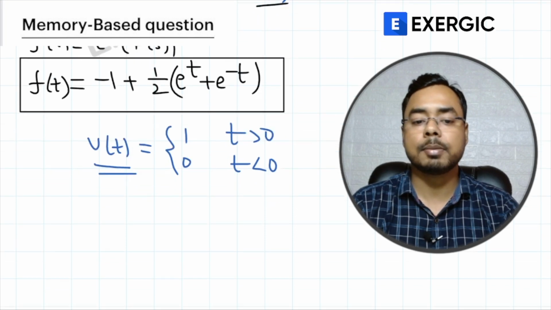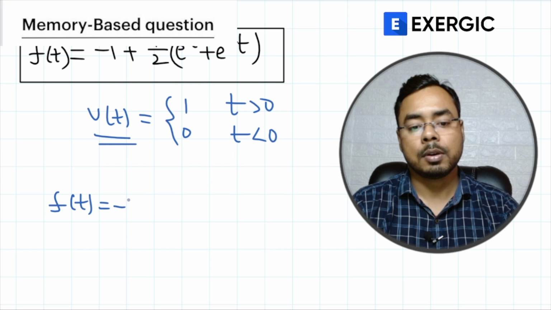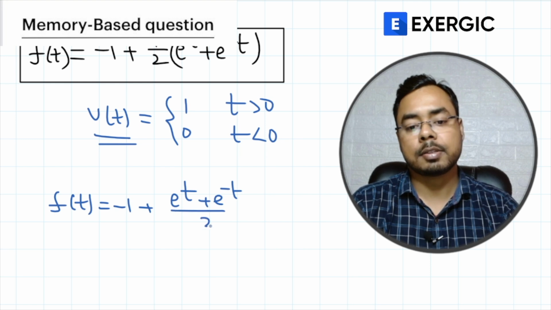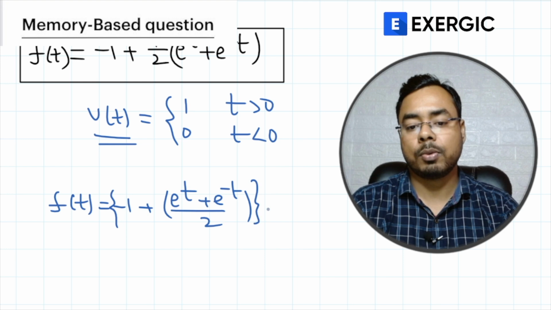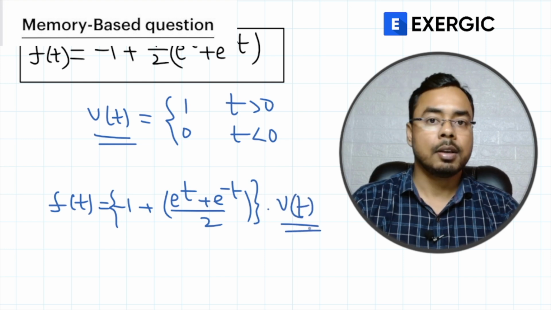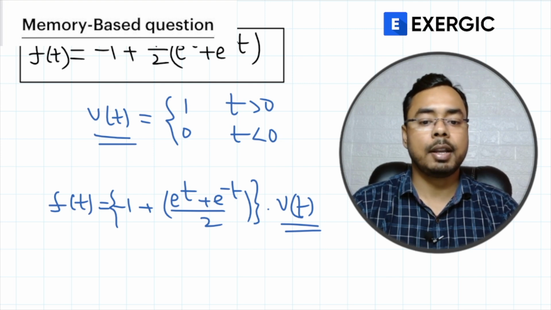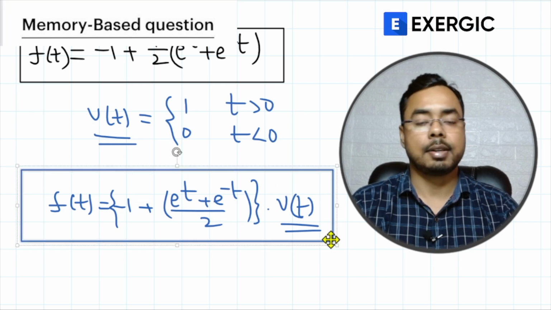You can write f of t equals minus 1 plus e to the power t plus e to the power minus t, divided by 2, and this quantity multiplied by the unit step function, because the value of the unit step function is 1 when t is positive. So this is another way of writing the same answer.